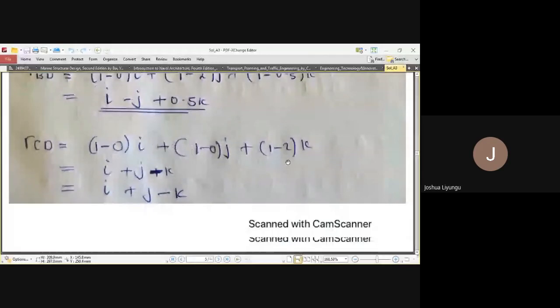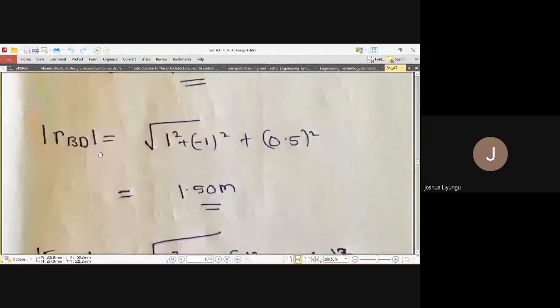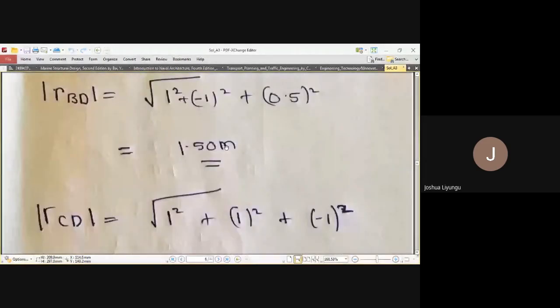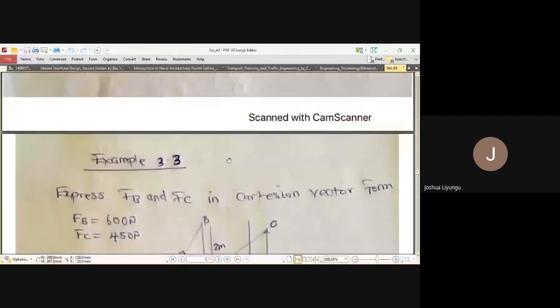Then at the end, you find your magnitude, RAD, your RBD, and your RCD. That's how simple it is.